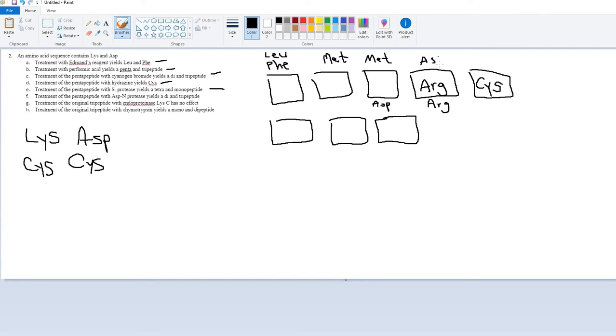We can't cleave here because of the arginine. And if we cleaved here, this would be the di, this would be the tri. Or if we cleaved here, this would be the di, this would be the tri. And this is the only spot for it since we already have arginine here. So we can fill in the aspartate here. Alright, so now we know that the methionine must go here.